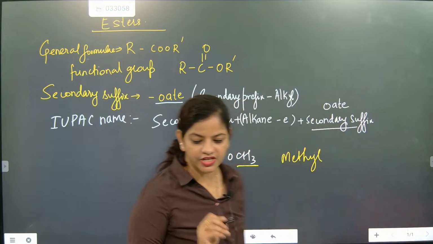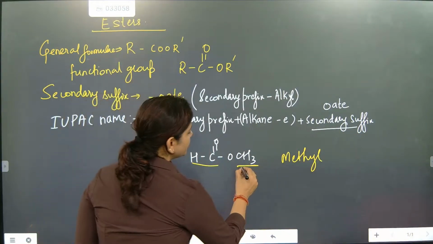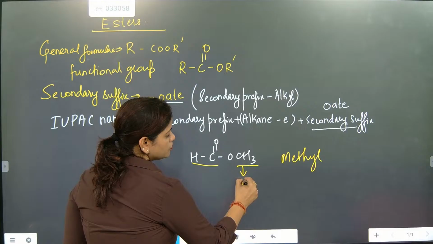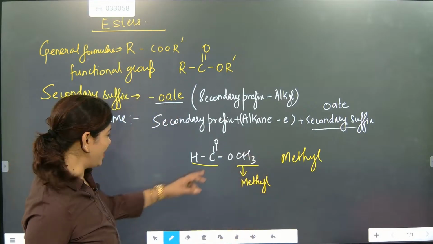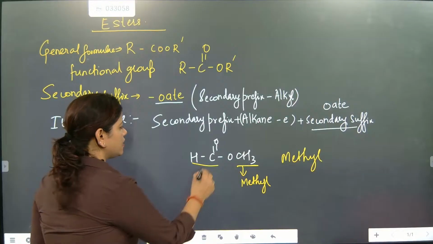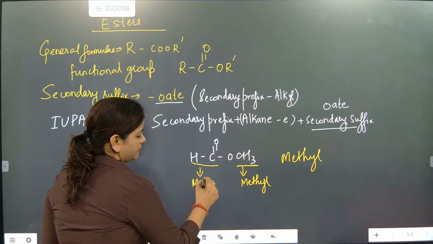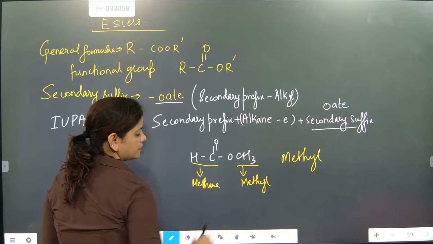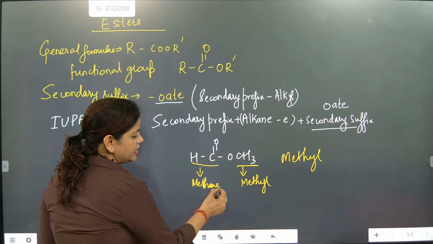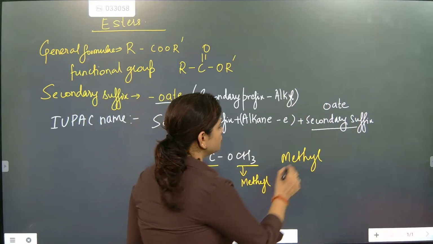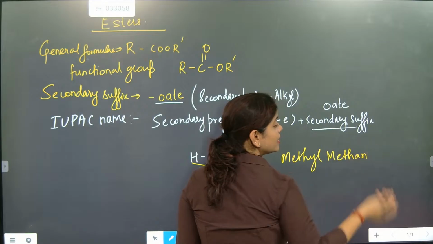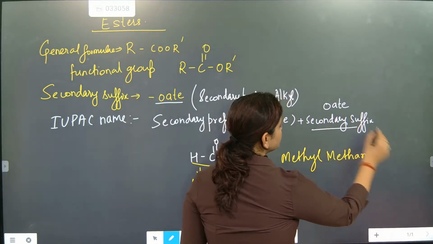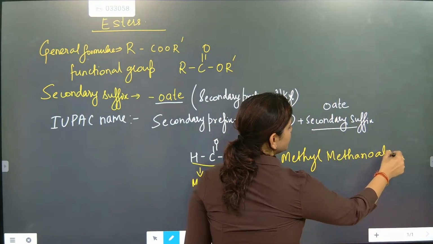First check this one out. This is only one carbon, so this will be called methyl. Now here one carbon is there, so it will come under methane. From this methane, E has to be removed. So methyl, methane minus E, methanoate, OATE.